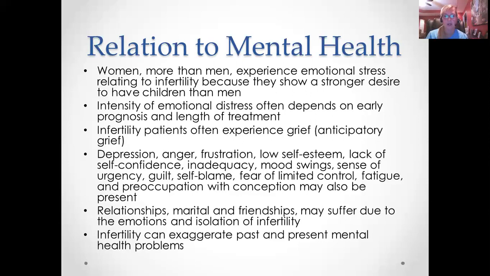When we first found out that we may have trouble having children based on anovulation in me from our OB, I would rate my emotional distress as about a 2. I was worried about it. I was anxious, but the prognosis was good. So the longer the treatment went on, we probably got up to a 5 as far as emotional distress.